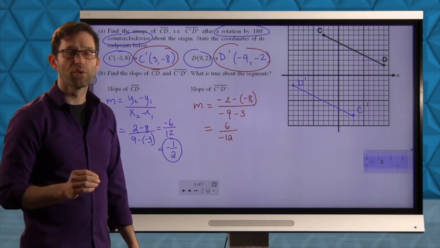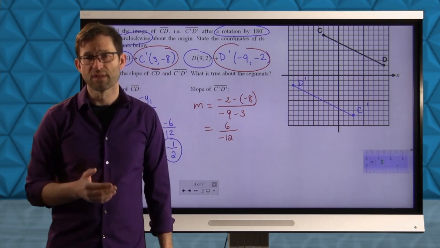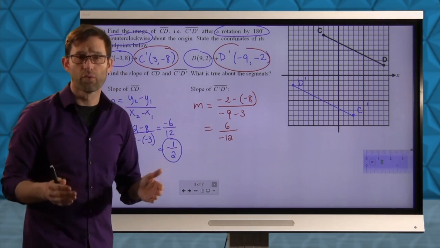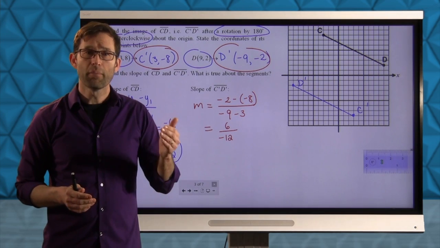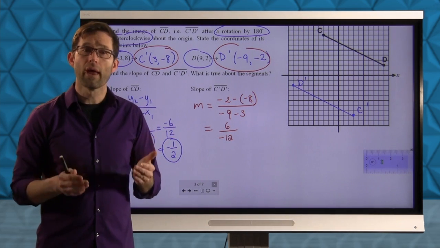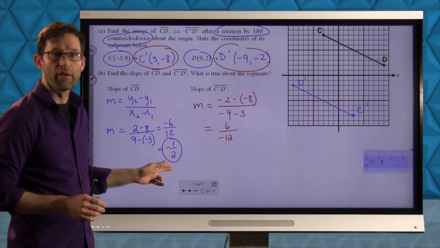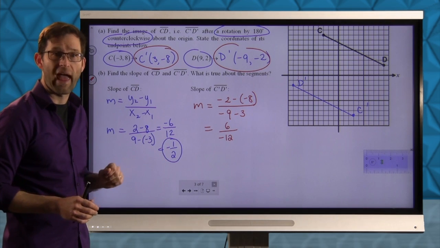For some students who are still wondering about things like fractions, division, positives, and negatives, these two numbers may seem different to you. But keep in mind that when you're looking at a fraction, if you have a positive divided by a negative or a negative divided by a positive, your end result is negative, which is why I like to think about this not as negative 1 divided by 2 or 1 divided by negative 2, but simply as negative 1/2.